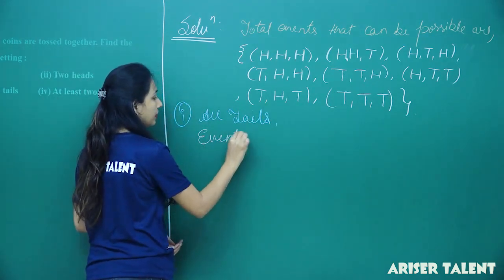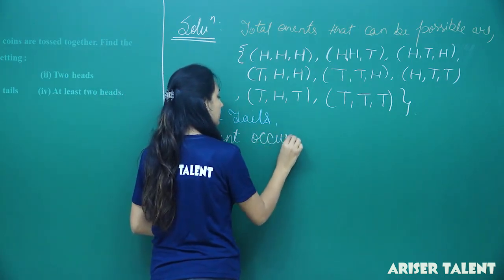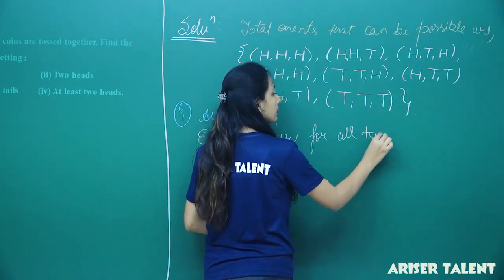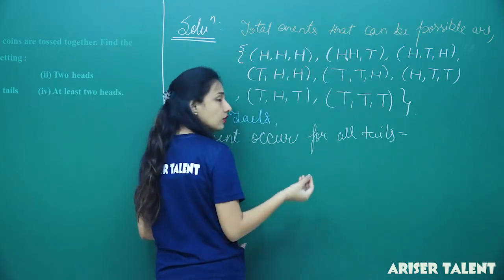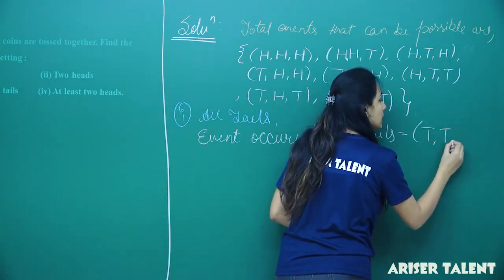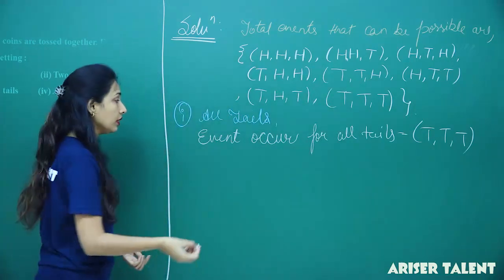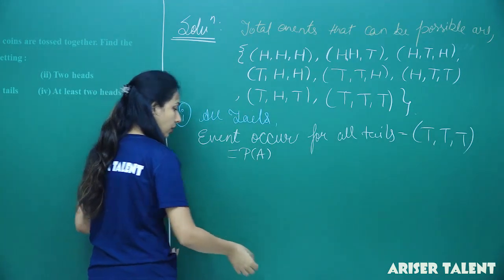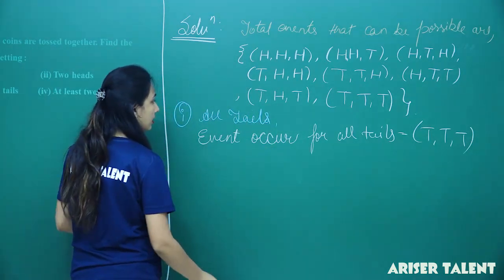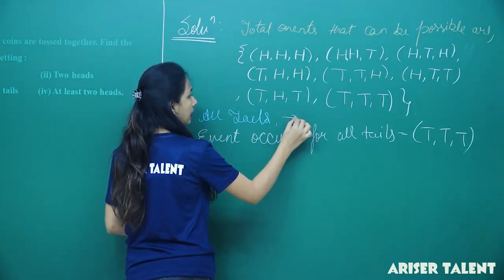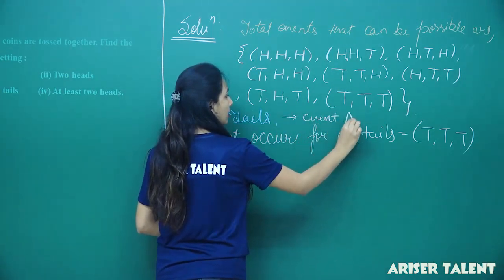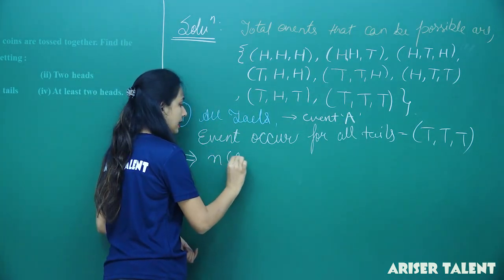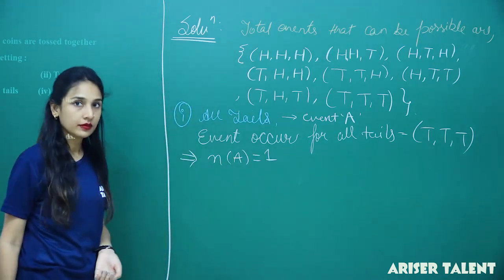The event occurs for all tails only once, that is T T T. So let this be event A, which implies that n(A) equals 1.